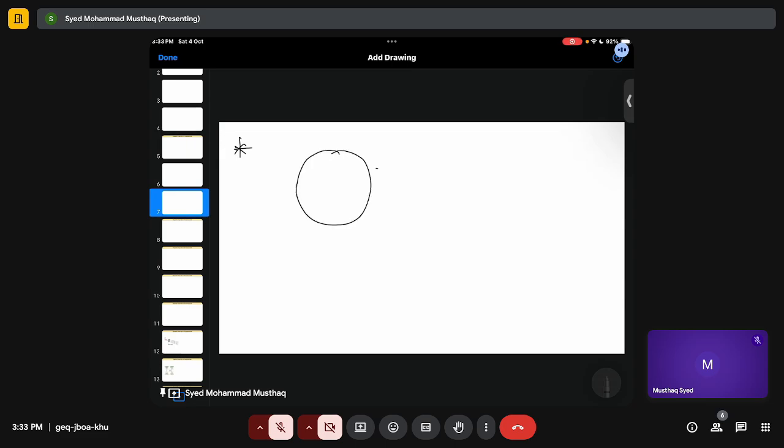We have a current carrying conductor. Let's say my current is flowing in the anti-clockwise direction, and because of that, the magnetic field is coming out of the screen. Okay, and this is the top view, and if you see the side view, then the circle will look like a line because it is a two-dimensional thing, right? And the magnetic field will look like this.